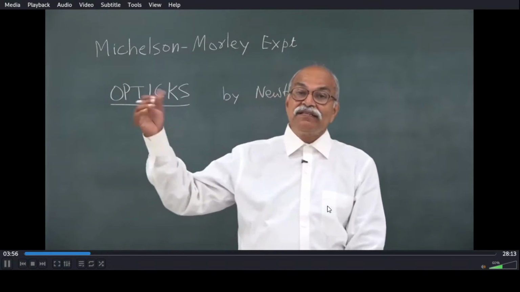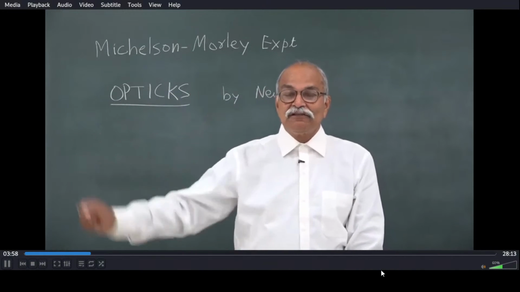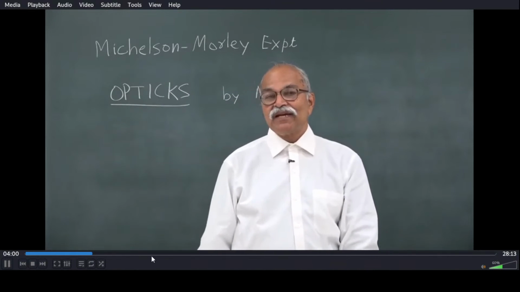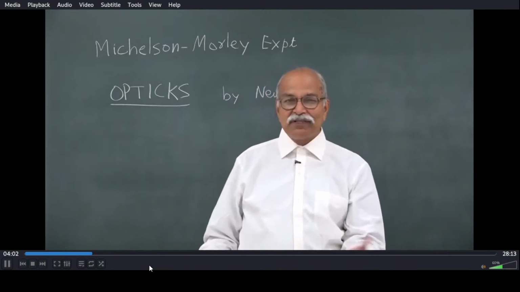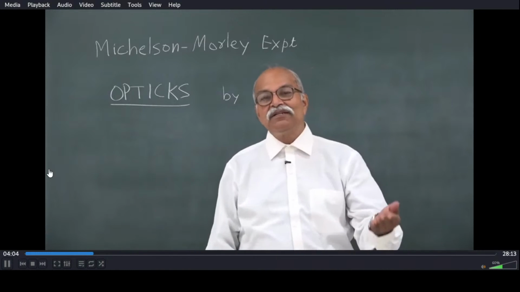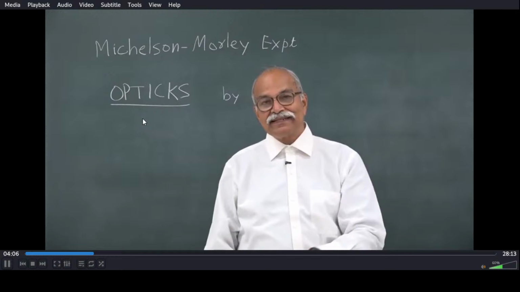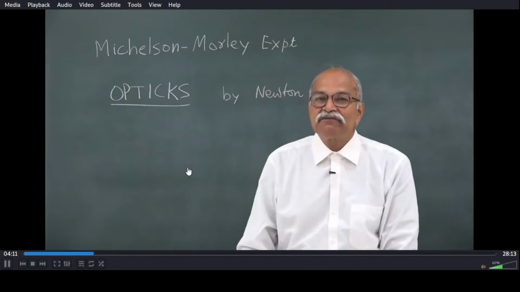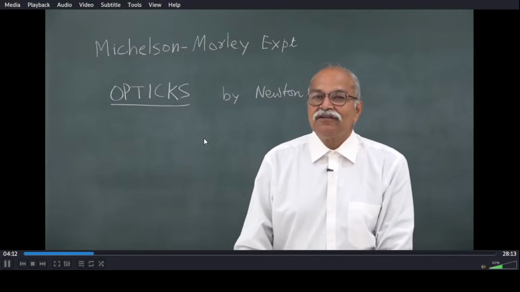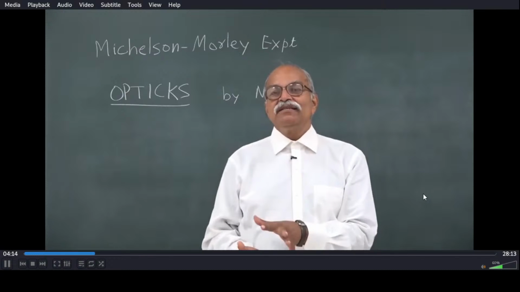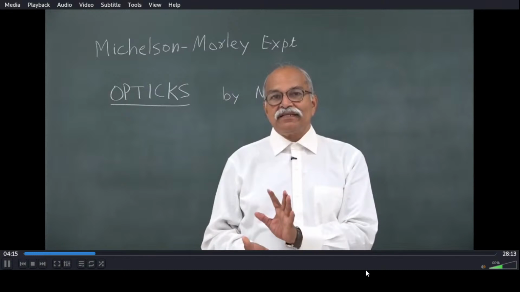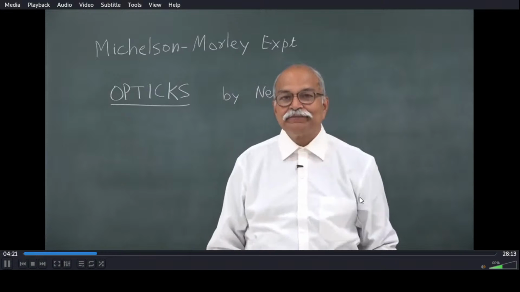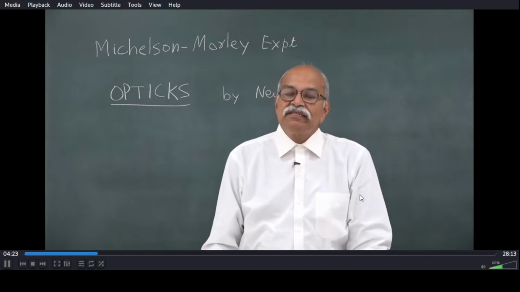So, the interference is some kind of a signature of wave nature, and together with many other experiments, speed of light in water is less than speed of light in vacuum, and many other experiments by Fraunhofer, Fresnel on diffraction. So, those things combined, 19th century beginning 1801 to 1805, let us say, it was established that light is a wave.